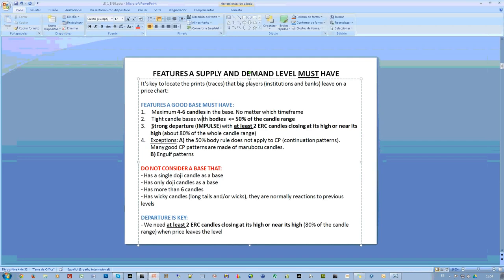We also want, on the second leg, the impulse, at least 2 ERC, extended range candles, closing at or near their high, which is about 80% of the whole candle range.